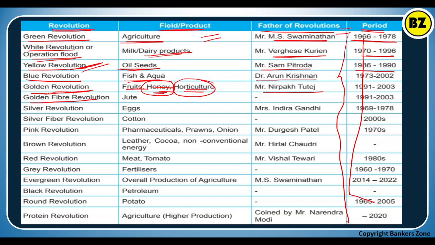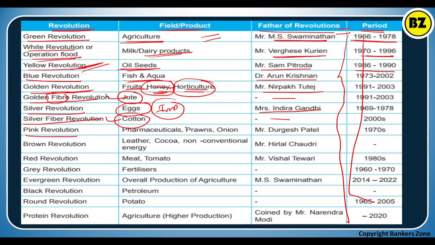Golden fiber here obviously is jute, also called the golden fiber. No father. Silver revolution, silver is for egg, remember it is important from the exam point of view. Silver means egg, so egg revolution, silver revolution, Indira Gandhi. Then silver fiber revolution, silver fiber is cotton. Remember golden fiber is jute, don't mix them up, right? No father here, for jute and cotton.